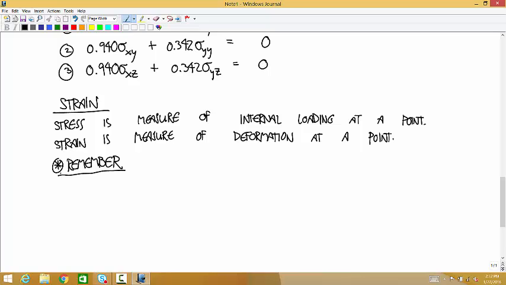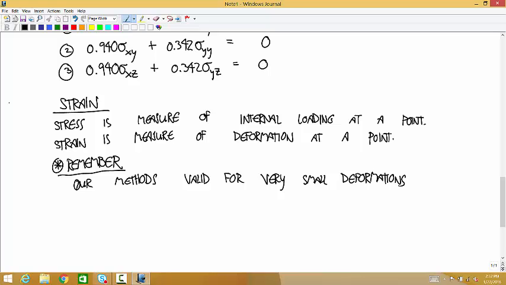But remember that our methods are valid only for very small deformations, like around 0.01% of the object's length or less.